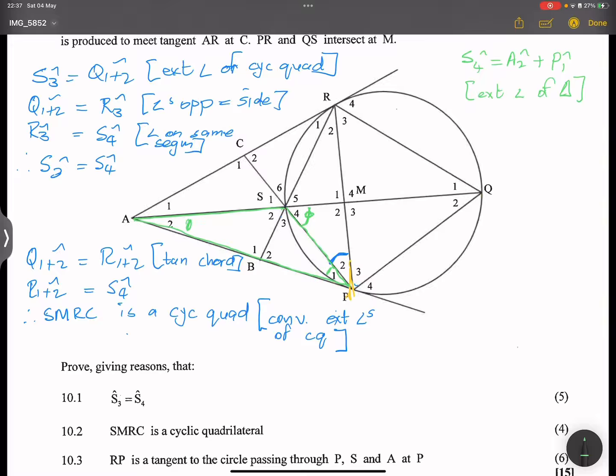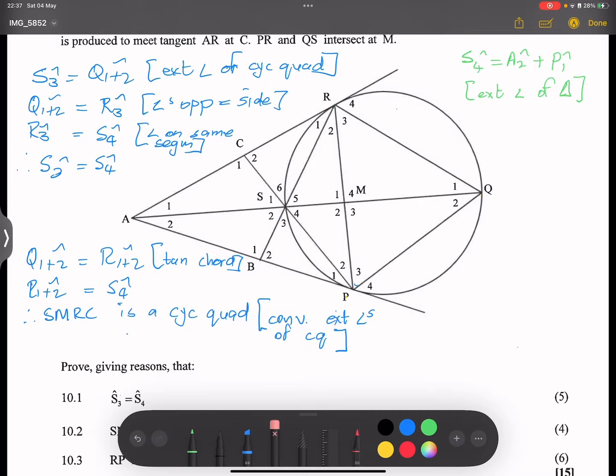Now I'm going to also use another triangle. Here's another triangle, RSP. This triangle over here. Okay. And remember S3 as well on that triangle.